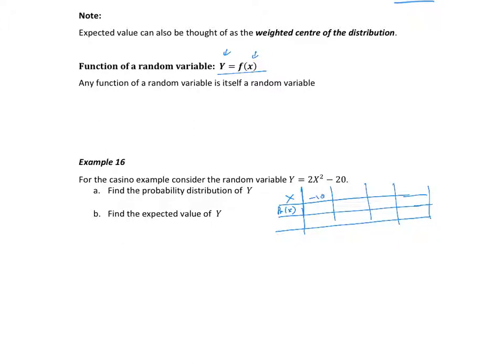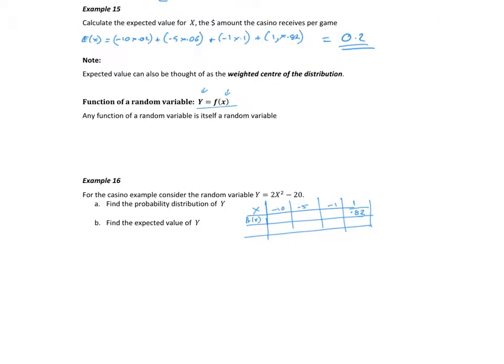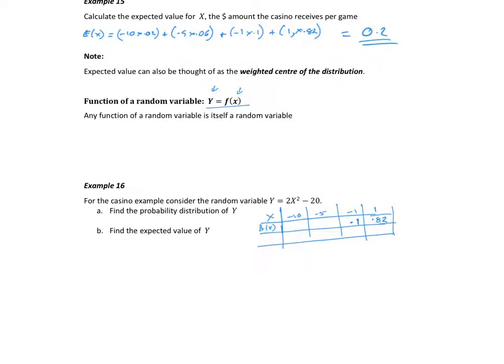So -10, -5, -1, and 1. That was 0.82. That's 0.1, 0.06, 0.02. Now y is simply 2 times the x variable squared minus 20.